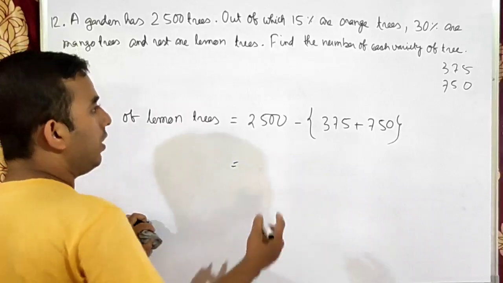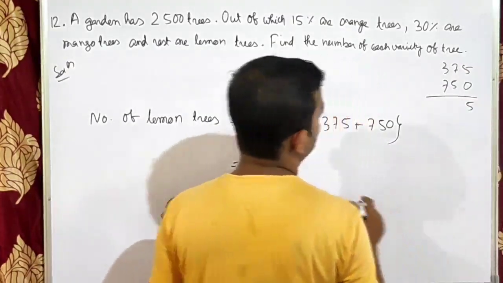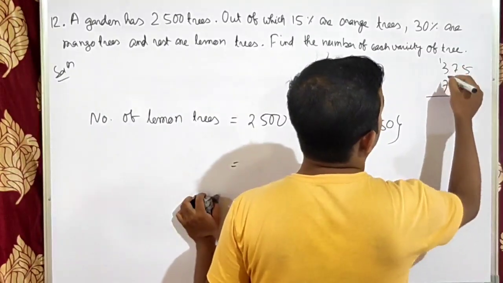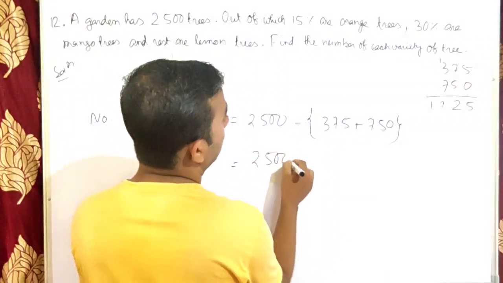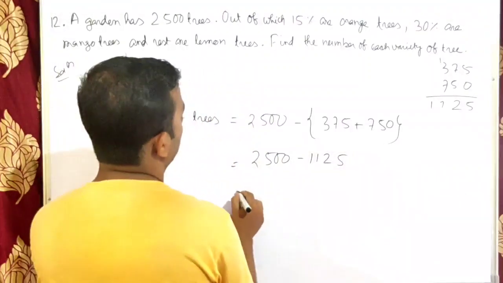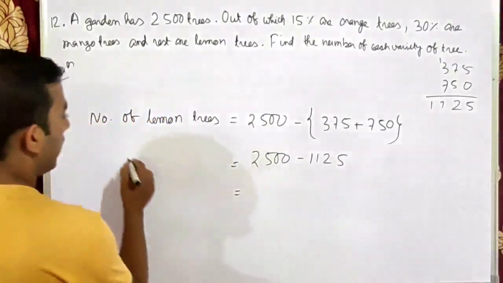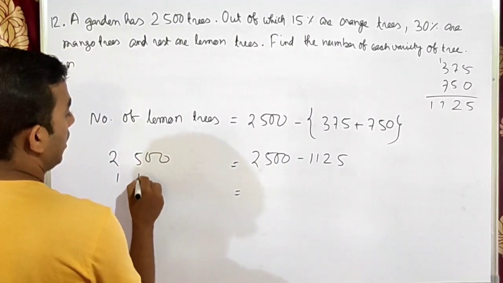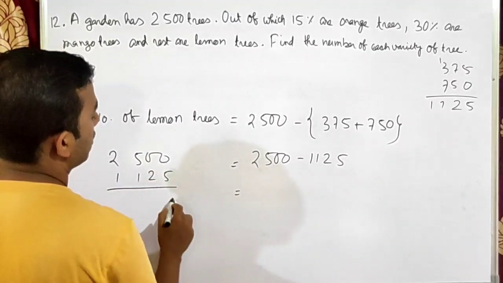Okay. So now let's add these two. It will be 5, then 7 plus 5 is how much? 7, 8, 9, 10, 11, 12. 12, then 1, 10, 11. So it is 2500 minus 1125. Okay. So now if we subtract 1125 from 2500, we will get the result, and the result will be the number of lemon trees. 10 minus 5 is how much? 5.